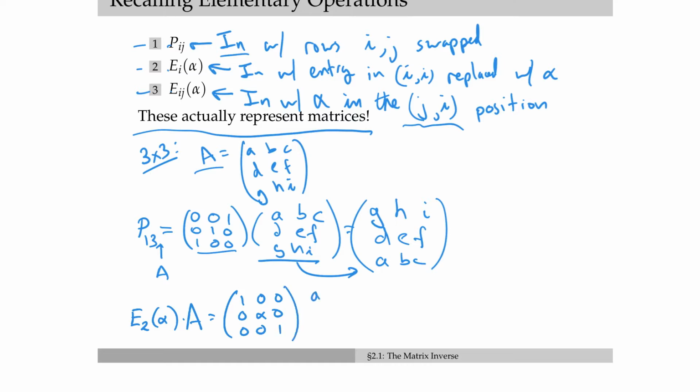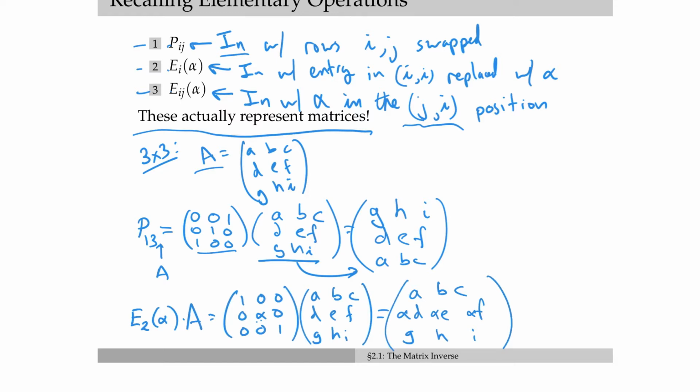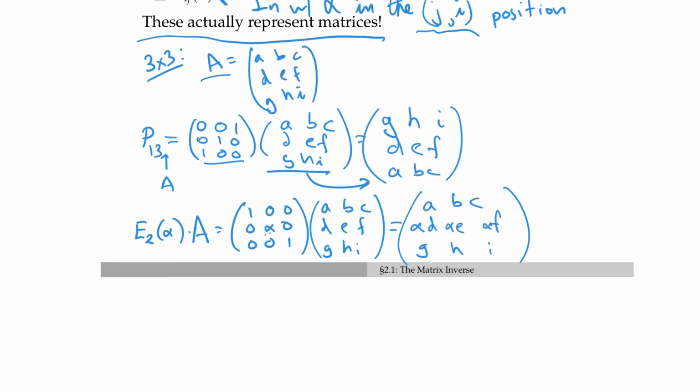Okay, and then we have A, B, C, D, E, F, G, H, I. And the first row sweeps through and leaves as A, B, C. Alpha sweeps through only the second row. It gives me alpha D, alpha E, and alpha F. And then the last row remains the same. So indeed, I only took row 2 and multiplied it by some constant.